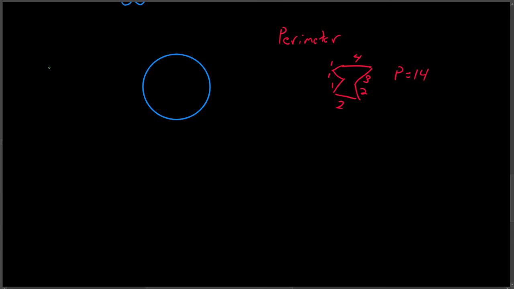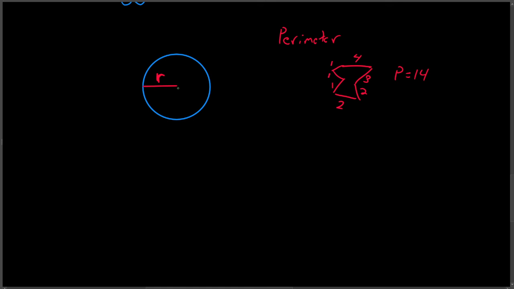But a circle, we don't have straight lines to walk around. And the ancient Greeks studied this, and they found that there is a ratio. They originally looked at the diameter, but we like to talk about the radius, because the radius is how you make a circle. So if I go from the center of the circle out to its edge, the radius will be the same.